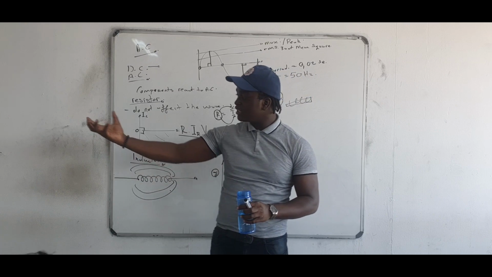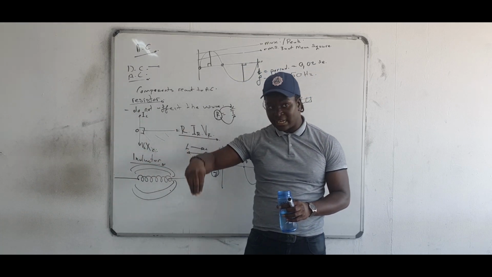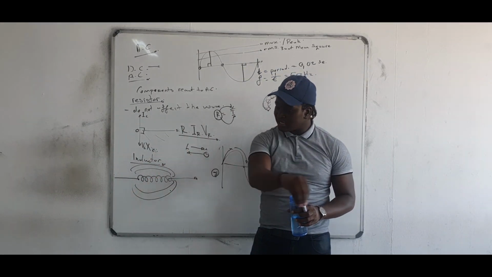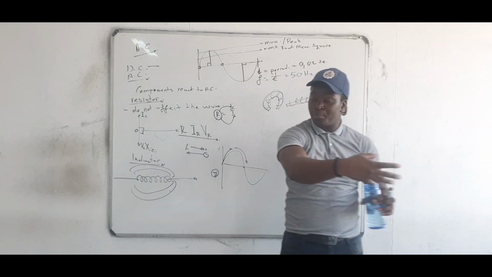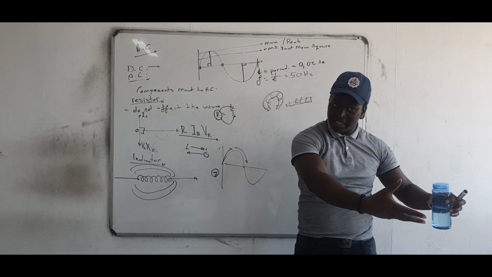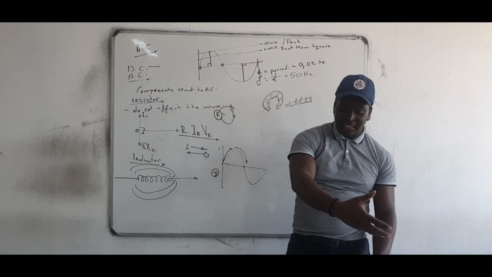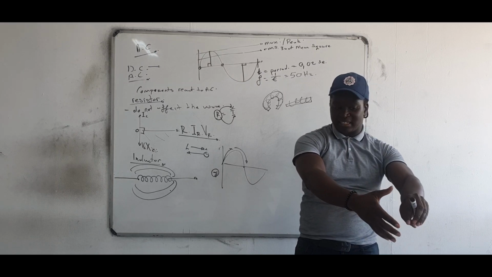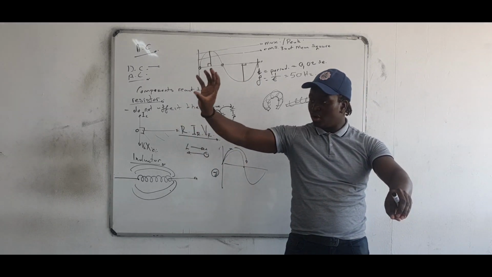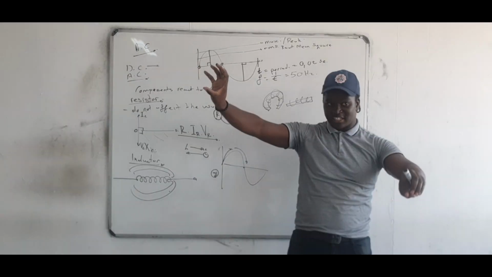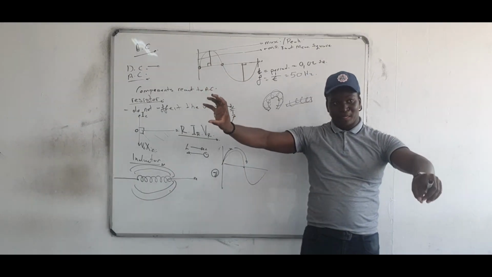So this magnetic flux induced a current. But because the current is now there, this current is also going to produce its own magnetic flux. And the magnetic flux that is now produced by this current opposes the original magnetic flux. Does it make sense?